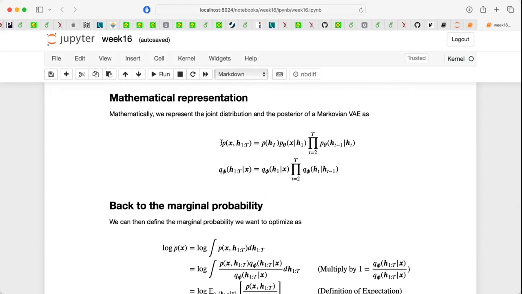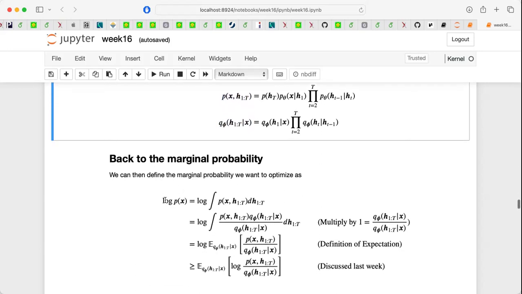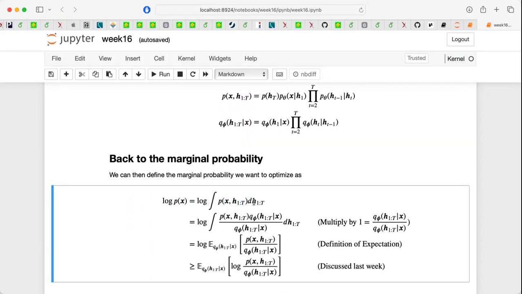So if you look at this quantity here, then we go back and calculate the marginal probability, and we calculate the log of the marginal probability. That means that what we want now is this quantity here, but integrated over all the encoder or latent variables. So we have the log of this quantity here, where I simply multiply with 1. And keep in mind that this is getting a little bit more complicated.